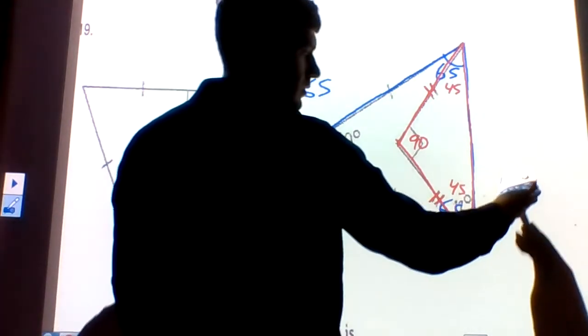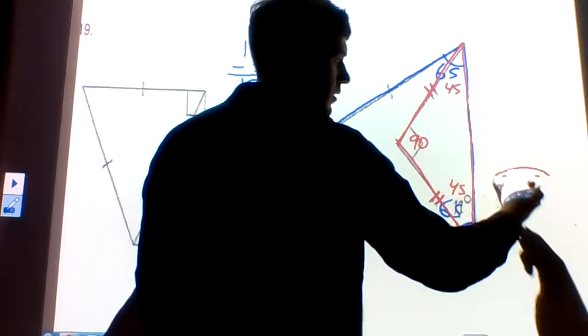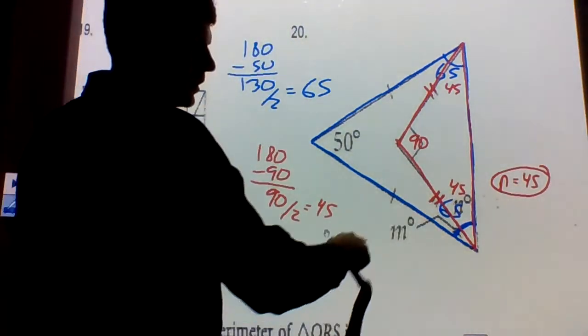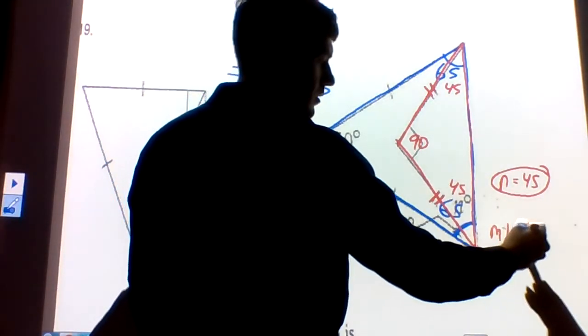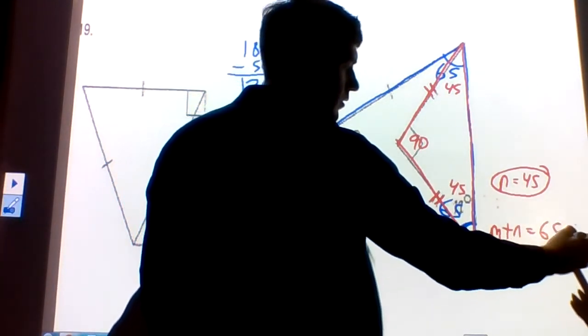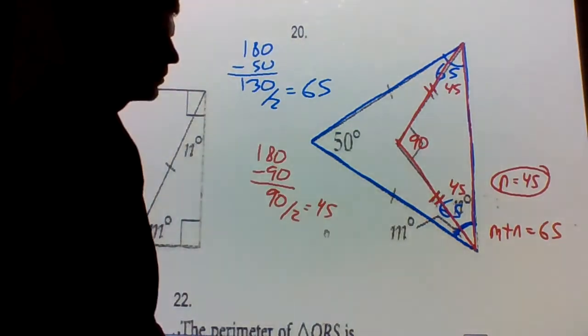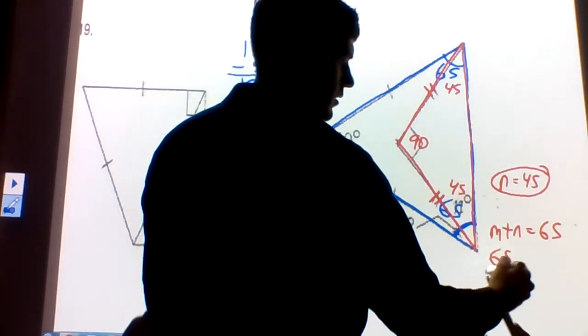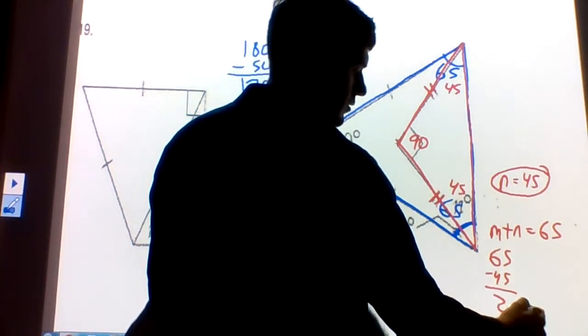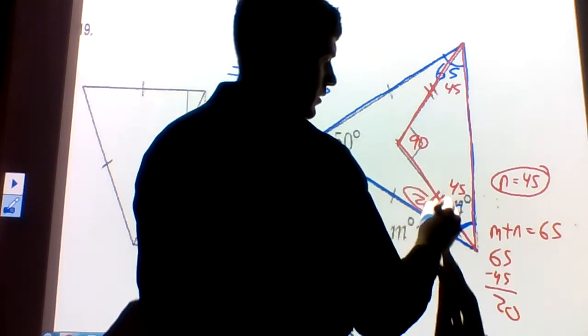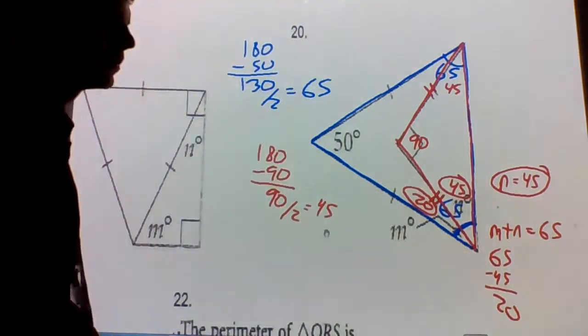Okay, so we know n is going to equal 45, right? We know the big one here, m plus n, was equal to 65, right? So 65 minus 45 is going to give us 20. So this one's going to be 20, and this one is 45.